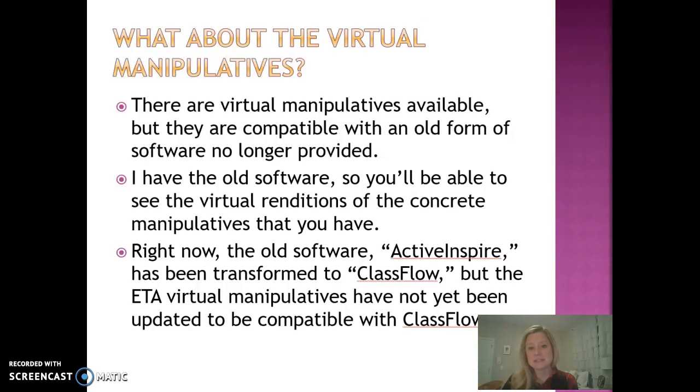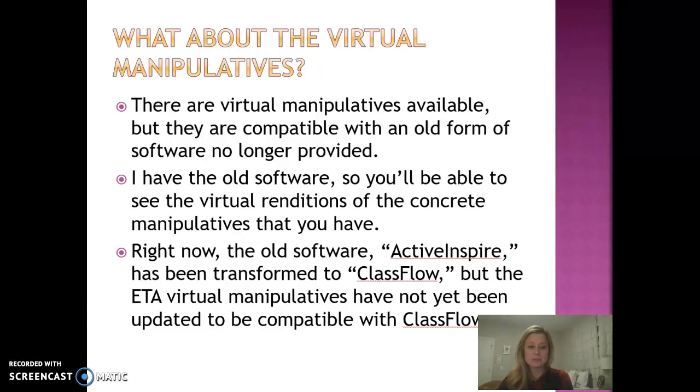Prior to this semester, the students were given free downloadable virtual manipulatives. I still have them through software called Active Inspire. That doesn't exist anymore. You have to buy through ETA Hand to Mind something called Class Flow, which is super cool.